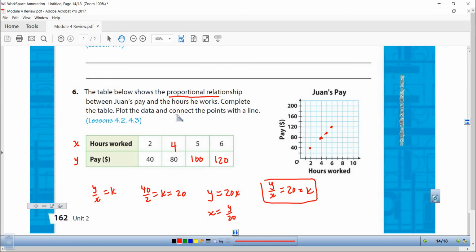All right, and you notice it says to connect the points with a line. So why don't we do that? And when we connect those points, notice it is a linear relationship that goes through the origin. All right, and the equation of that line would be y equals 20x.